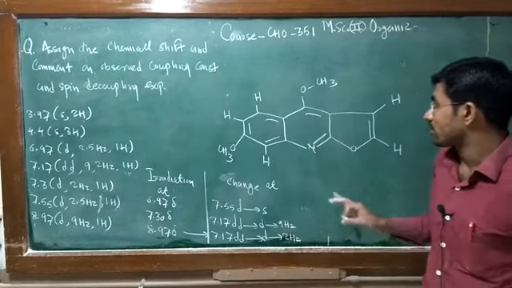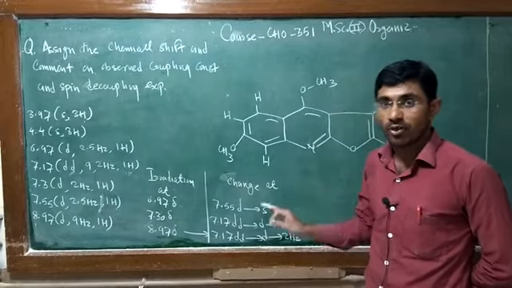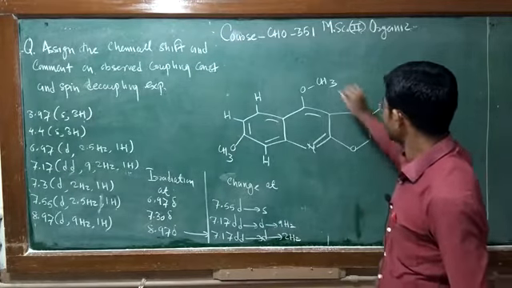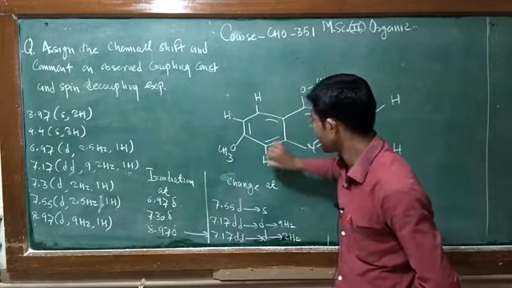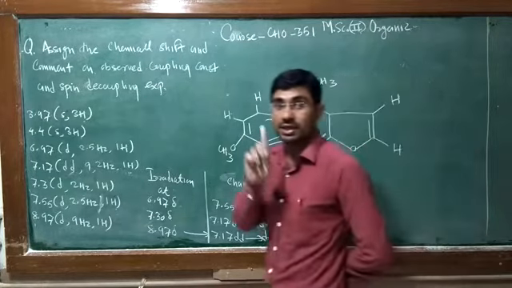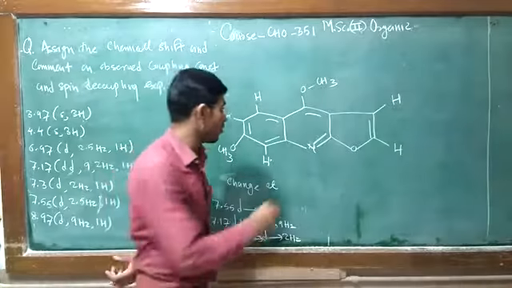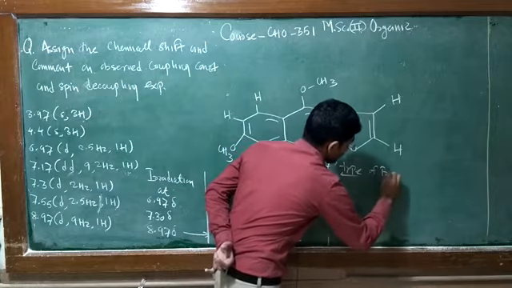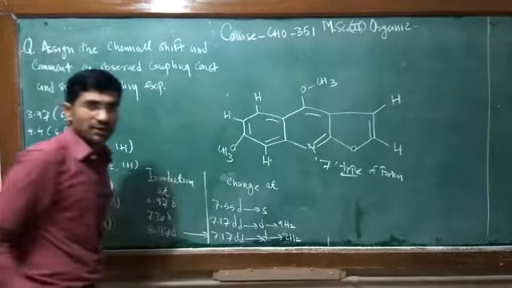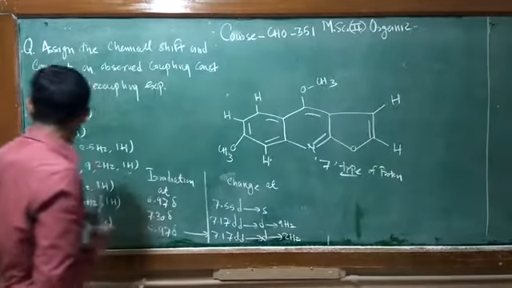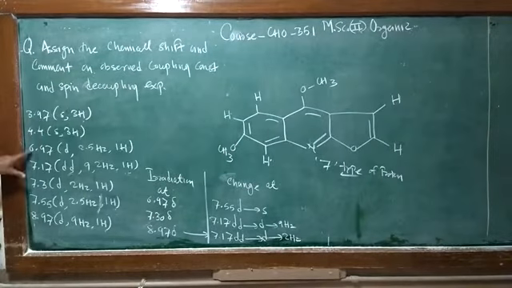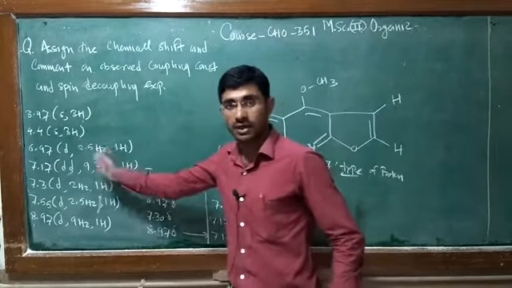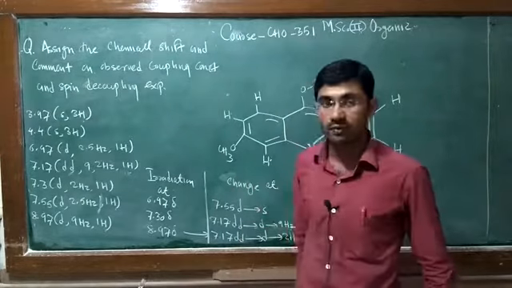If you consider the types of protons in our structure: 1, 2, 3, 4, 5, 6 and 7. So there are 7 types of protons present, so we expect 7 signals from this compound. And if you see the signals here, 1, 2, 3, 4, 5, 6, 7, 7 signals are given for 7 types of protons.